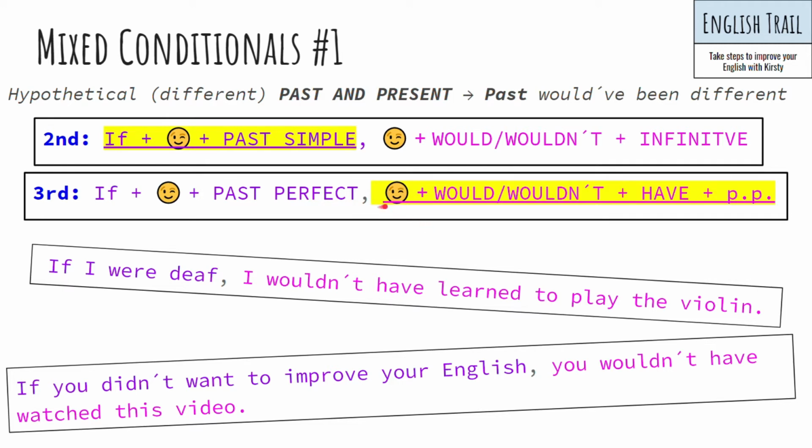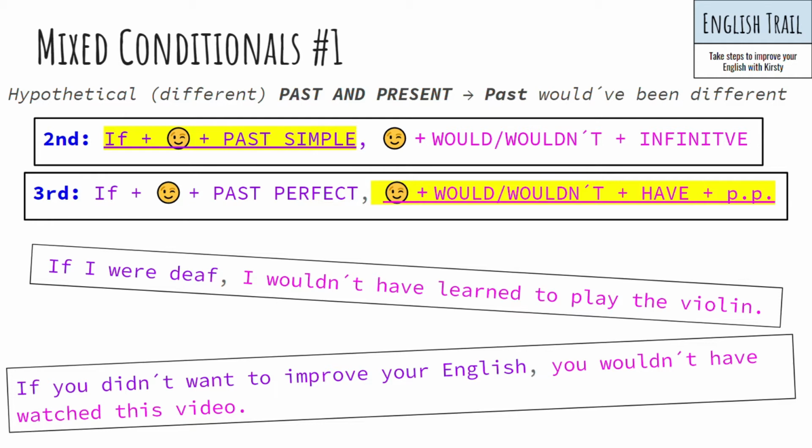And we use this conditional to talk about a hypothetical different past and present situation that would have caused a different past. So usually this would be a state that was true in the past and is still true now, that had an effect in the past.